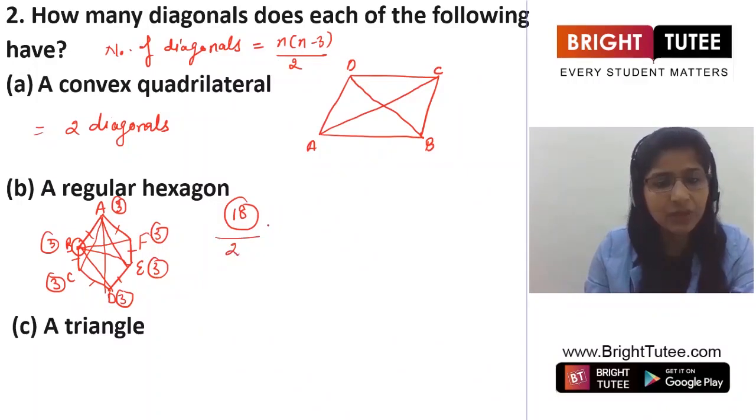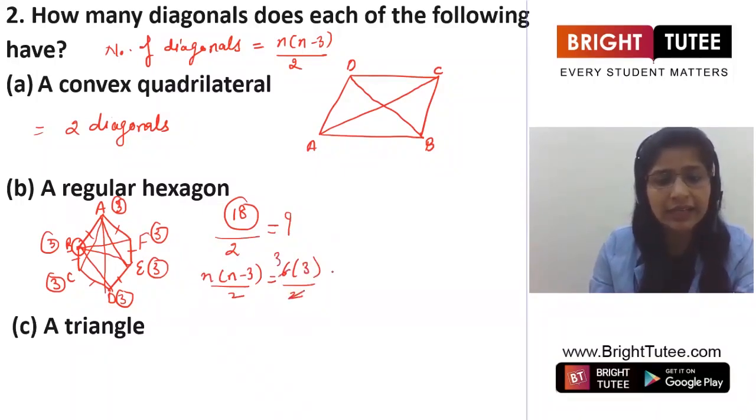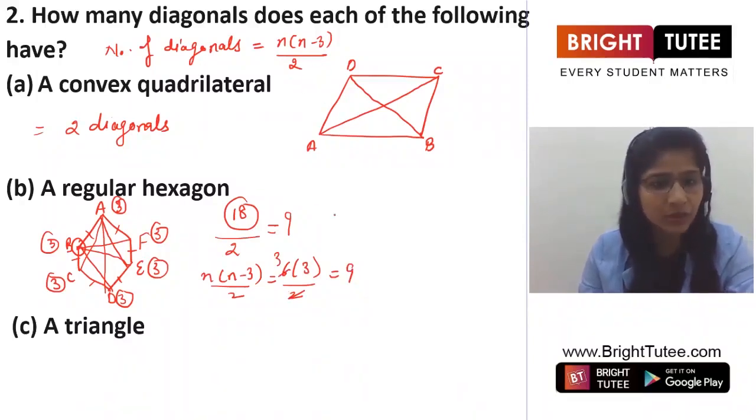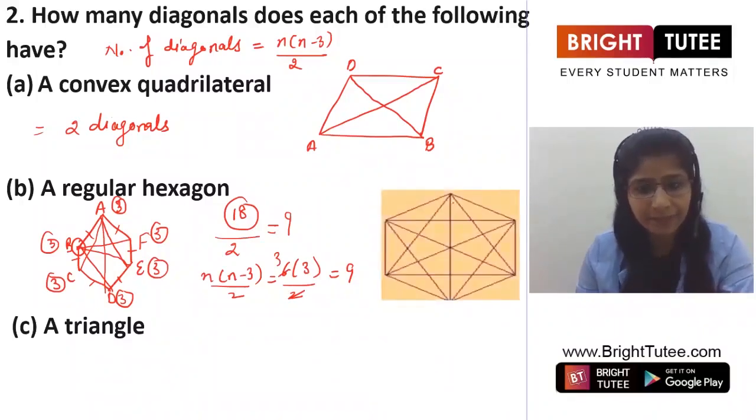So we divide it by 2 and we get the answer as 9. Also using the formula, n into n minus 3 by 2, we have 6 sides multiplied with 6 minus 3, that is 3, divided by 2. So we again get 9 as the number of diagonals using that formula also. So drawing the 9 diagonals, the figure will be like this.